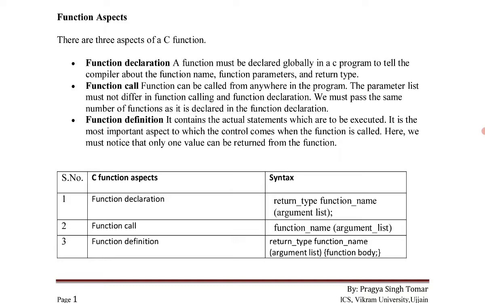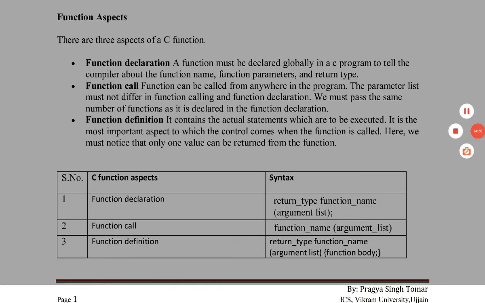The return type may be an integer, void, float, char or string, like that. Then the return type, space, function name, and within the brackets the argument list, meaning parameter values or argument values, separated by commas.